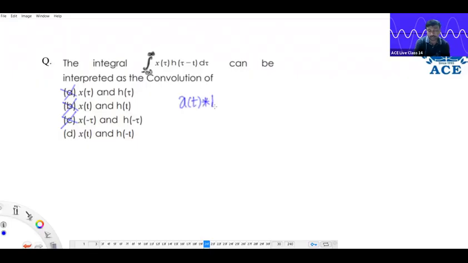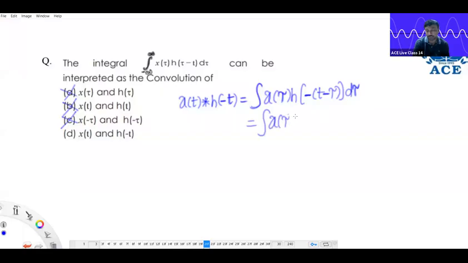X of t convolved with h of minus t. How can it be written in convolution style? Integral x of tau h of t minus tau d tau. Here h of minus t is given, that is x of tau h of tau minus t, which is the given integral.